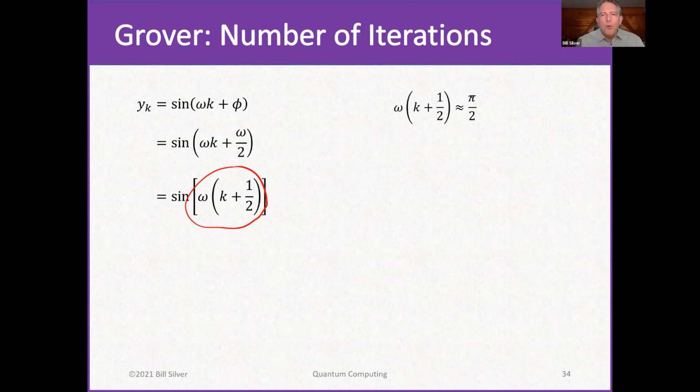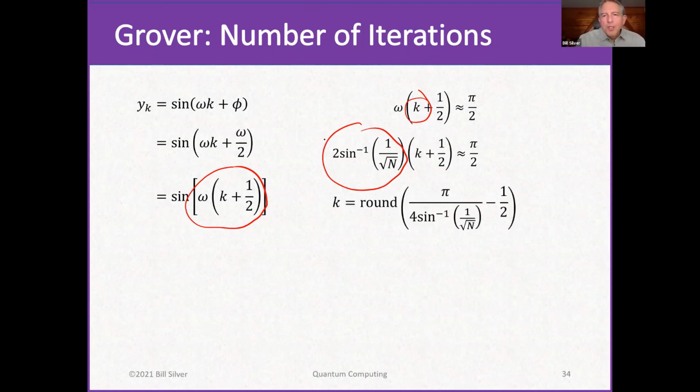So I want to find the value of k, because that's the number of iterations I'm looking for, that makes omega, this whole thing, approximately equal to pi over 2. And so I now plug in my formula for omega here, do a little bit of algebra. And to make this approximately equal, I am going to solve for k and round it off, because k is an integer. It's an integer number of iterations. And by the way, you round something off by adding a half and taking the floor. So if I add a half, this half term goes away, and I end up with that formula for the number of iterations.